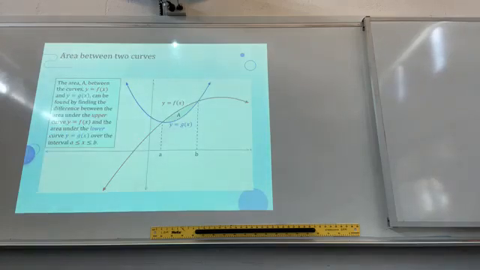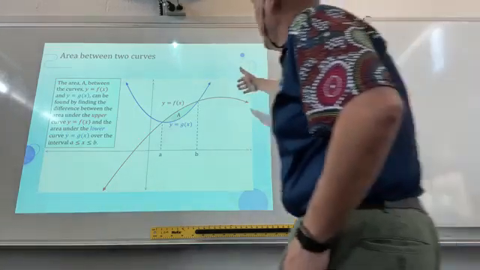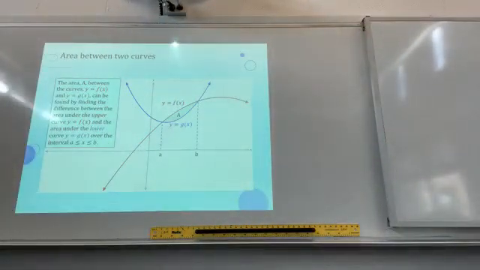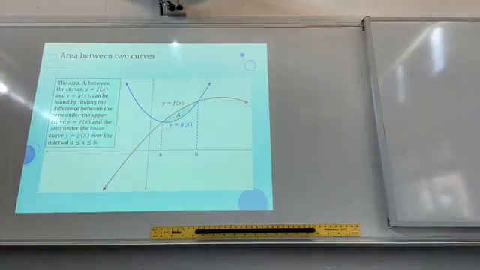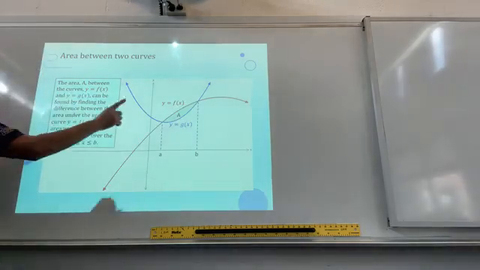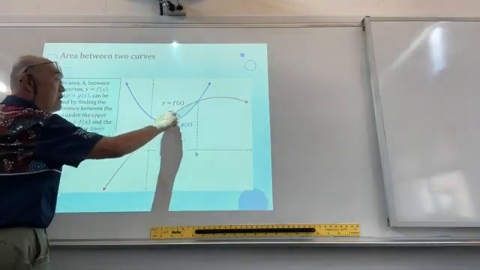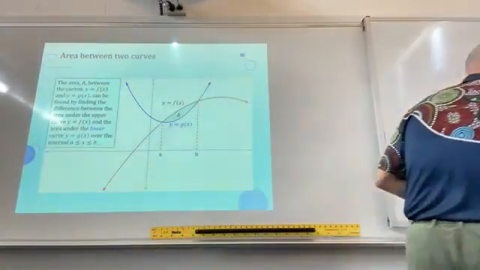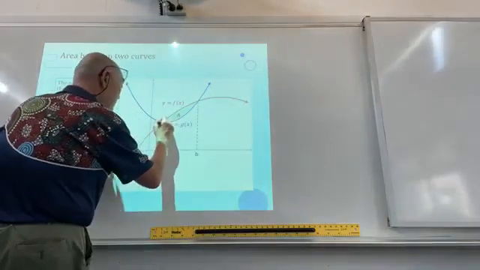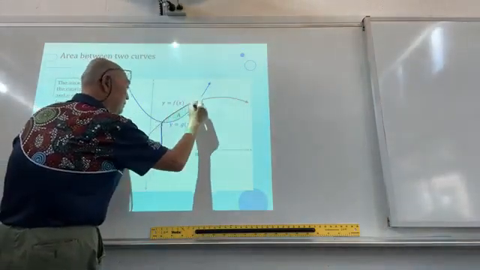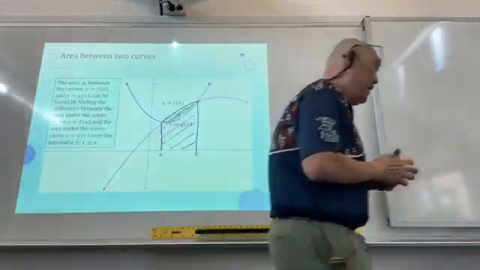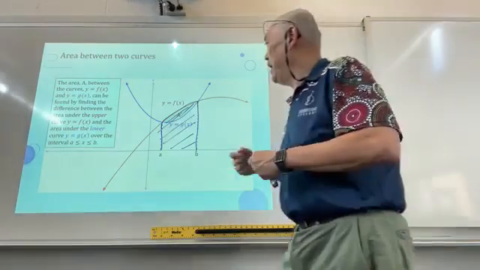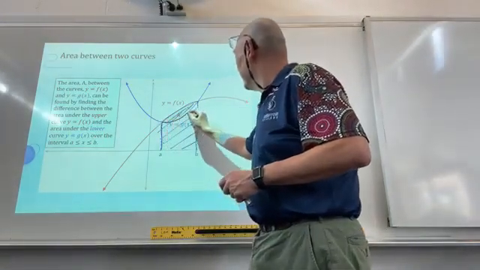Now, let's start thinking about area between two curves. If I've got two curves, one is y equals f(x), one is y equals g(x), the area between them, this little bit here, can be found by the difference between the area under the upper curve, this bit here, and then taking away the area under the lower curve, which is this one.